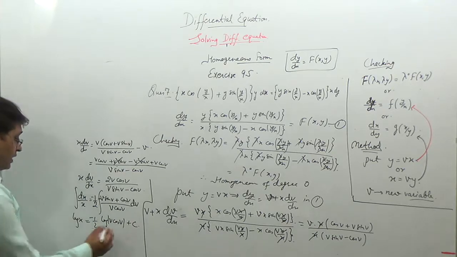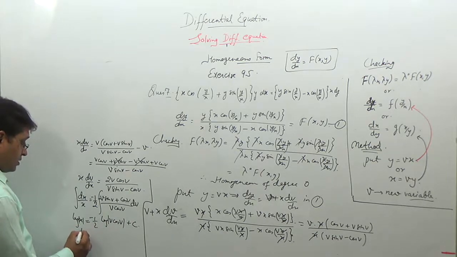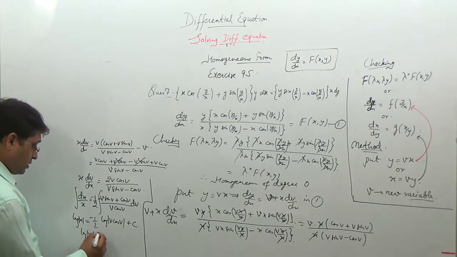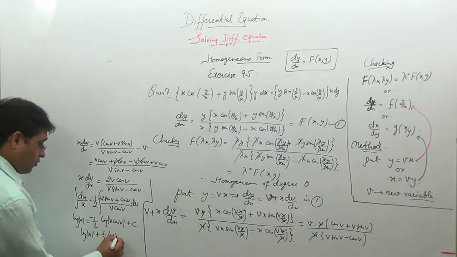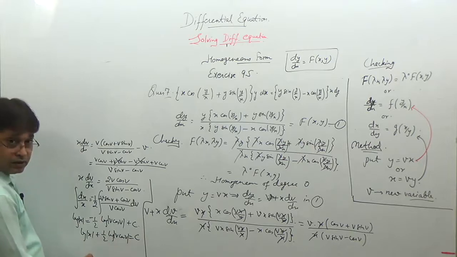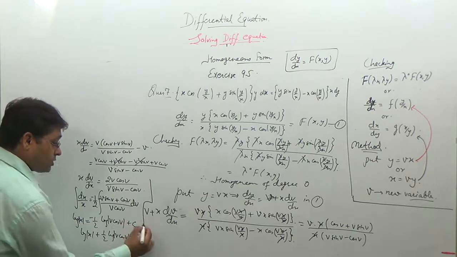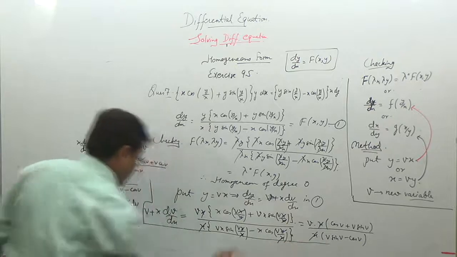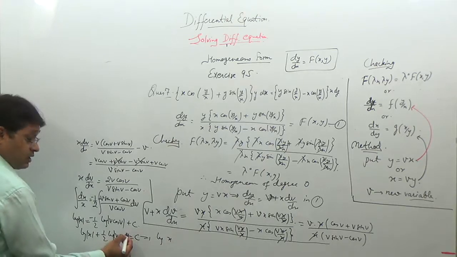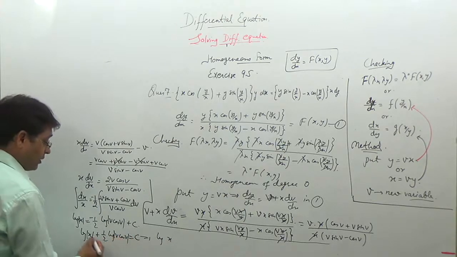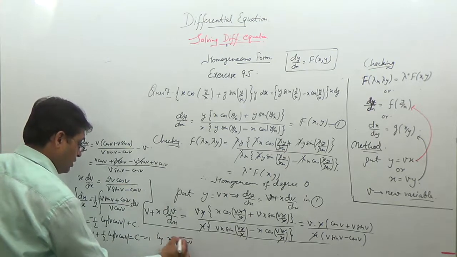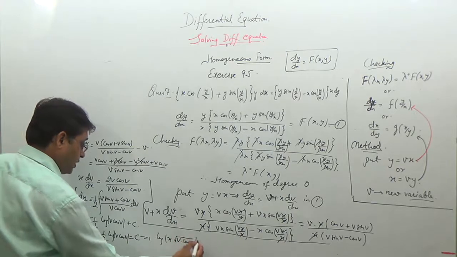So again this can be written as log of x plus half log of v cos v is equal to c. These two terms can now be written as log of x into v cos v under root is equal to c.